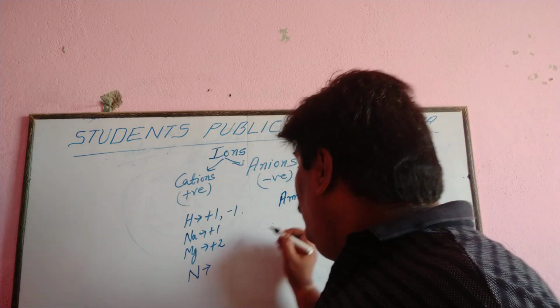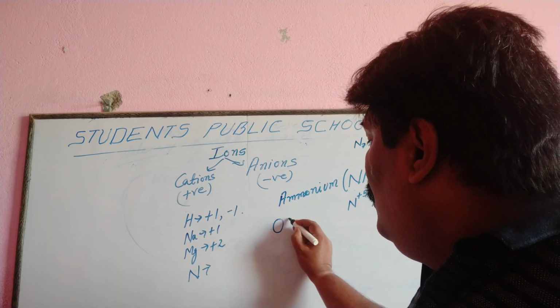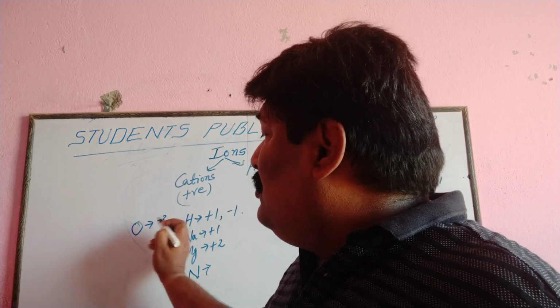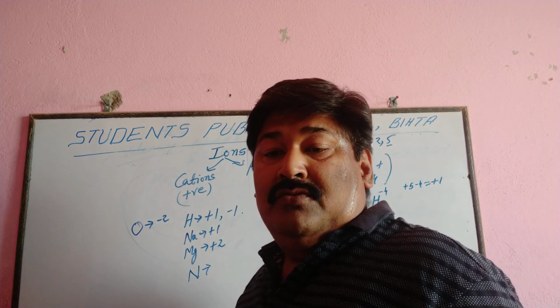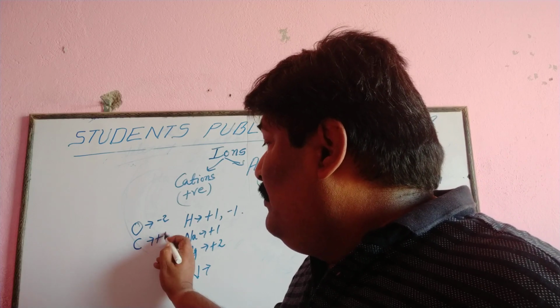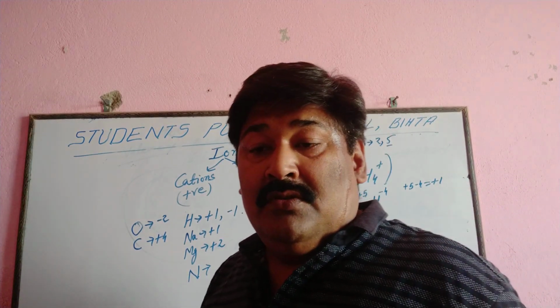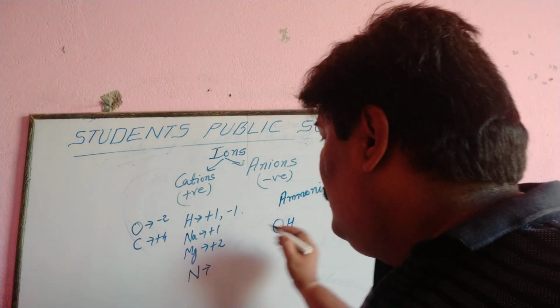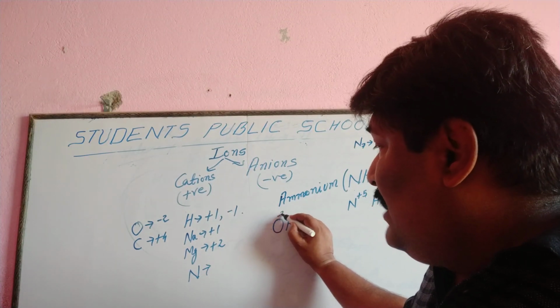Similarly, OH. What is the charge of oxygen? Minus 2, because it will gain 2 electrons. Charge of carbon plus 4, because it will share 4 electrons. You have to remember this, important. Oxygen minus 2 charge.